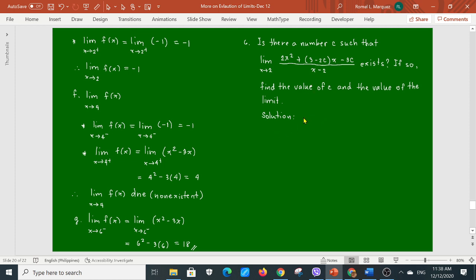So let f of x be equal to the numerator, 2x squared plus 3 minus 2c x minus 3c. Okay? I want this to be 0 when x is 2.